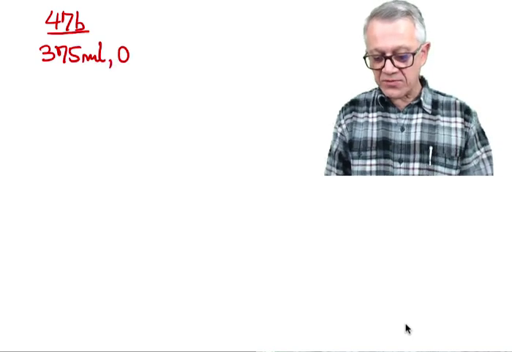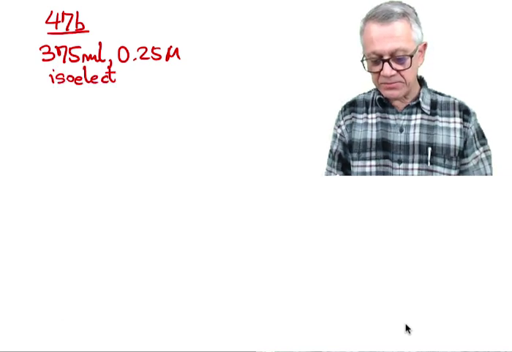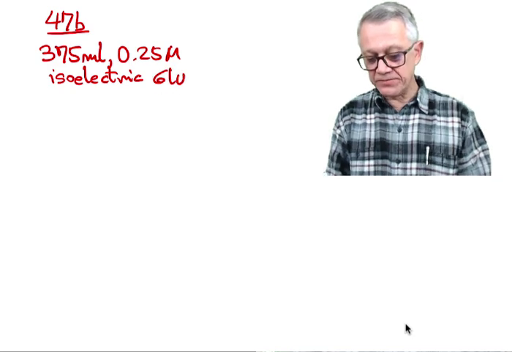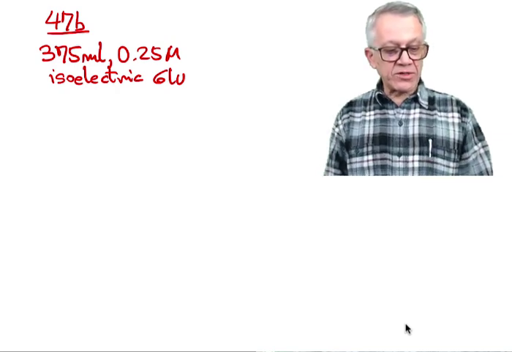Part B asks again for the volume of HCl, but this time to titrate 375 milliliters of 0.25 molar, and this time it is isoelectric glutamic acid.